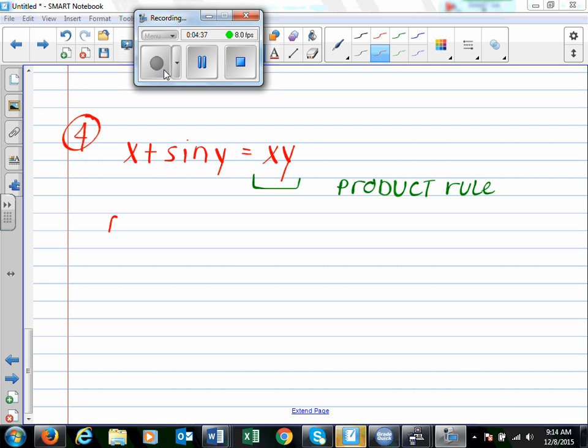Alright, you first start with the derivative of, if you look at the right hand side, you'll see you're using the product rule for that.